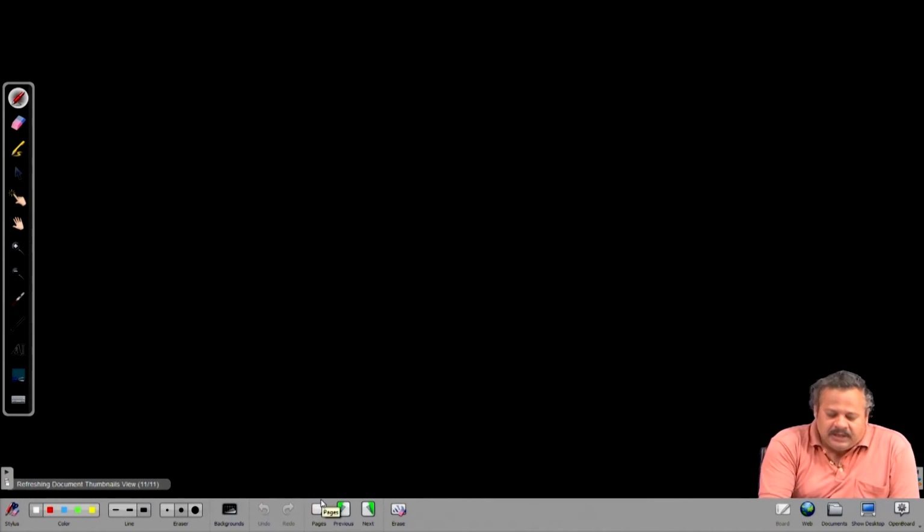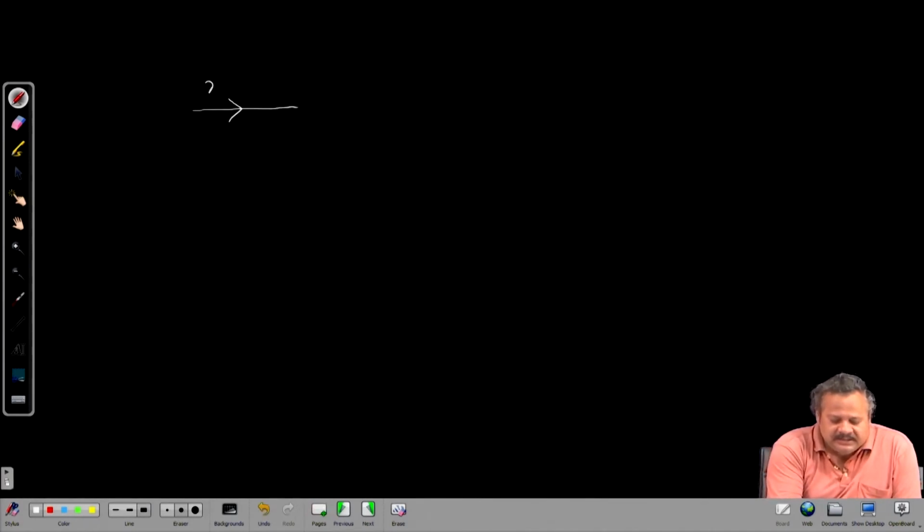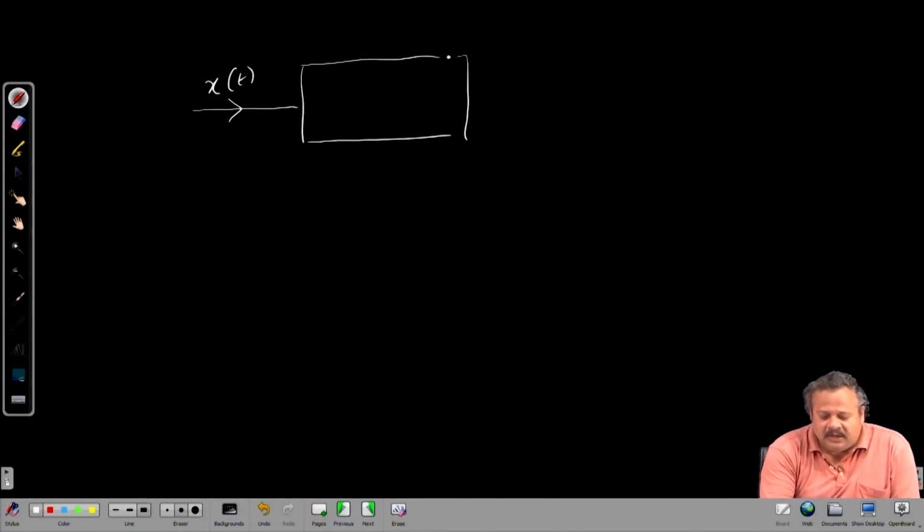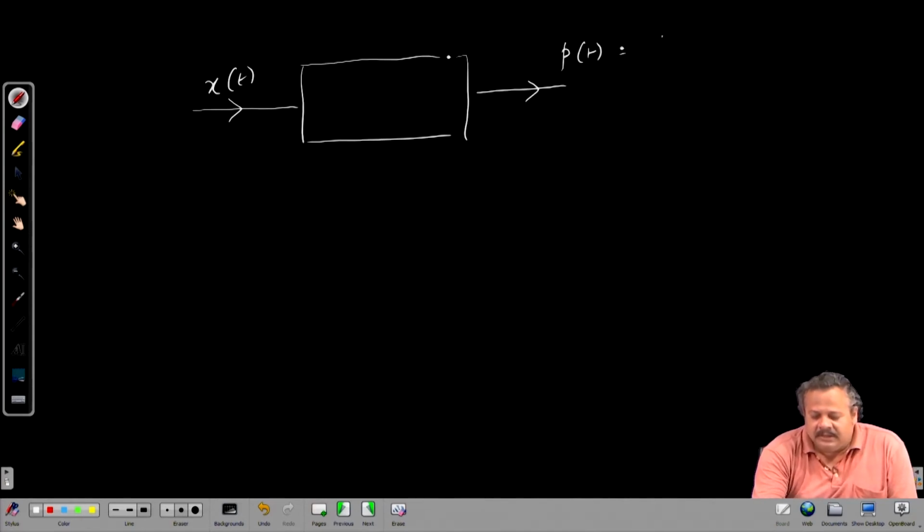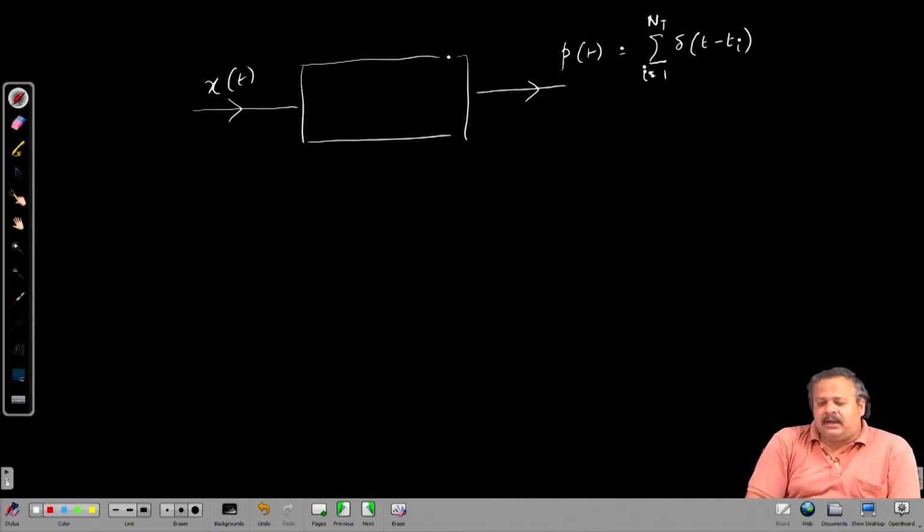As we had been saying, let us say this is the stimulus x(t), and we had this big box and we have this output p(t), and remember that p(t) is the summation of delta(t minus t_i) for i equal to 1 to N_T, that is there are N_T spikes in the T time window for which the stimulus is on.